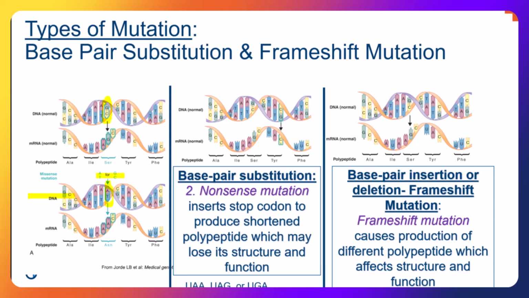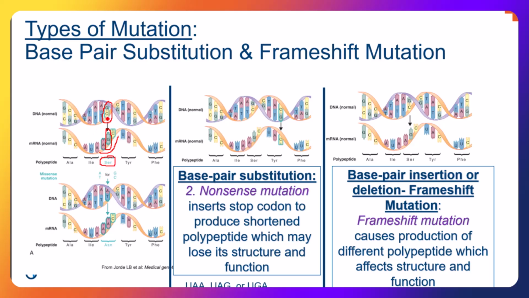So what does that mean? Well, let's use a pen. I'm going to circle this. So GC normally, when mRNA takes a copy, will have G, right? And then we know that these three, A, G, C, code for this amino acid.